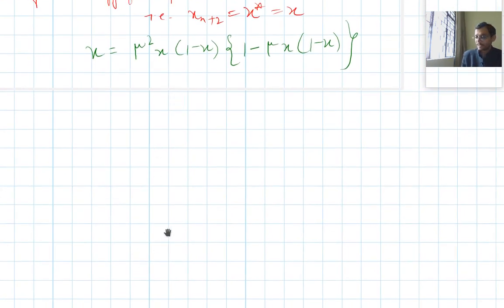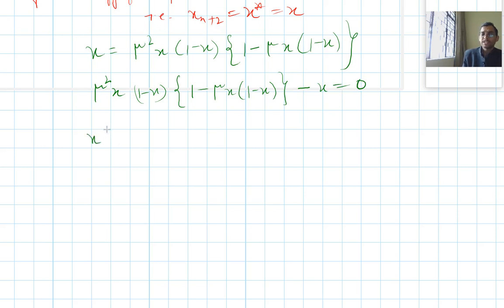So let us do a little algebra now. This can be written as mu square x 1 minus x, and here it is 1 minus mu x 1 minus x, minus x, equal to 0. So x can be taken outside, so it is x, it is mu square 1 minus x, and inside it is 1 minus mu x 1 minus x, minus 1.